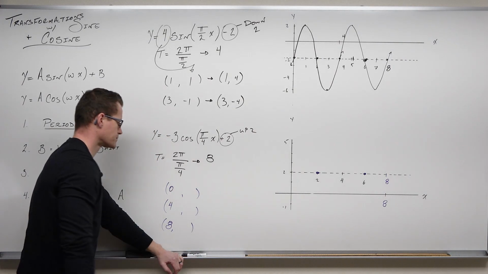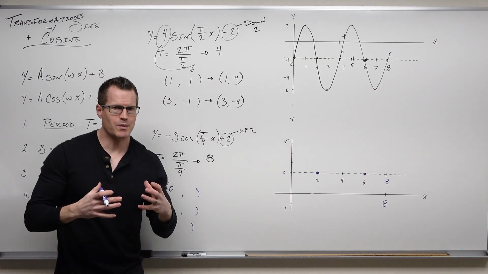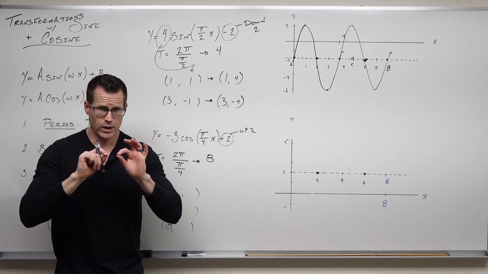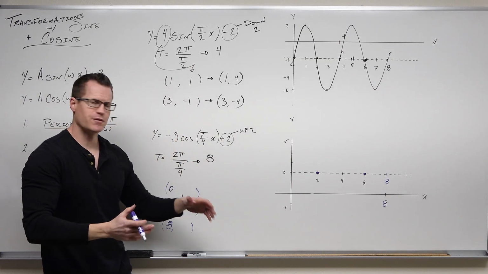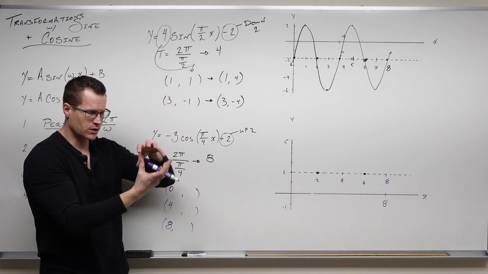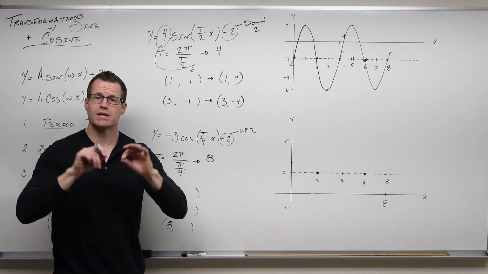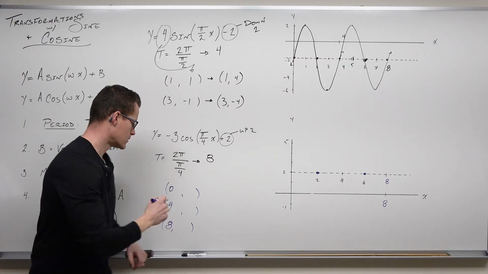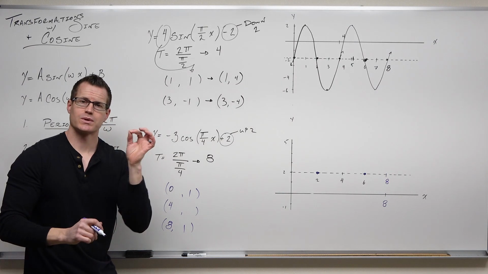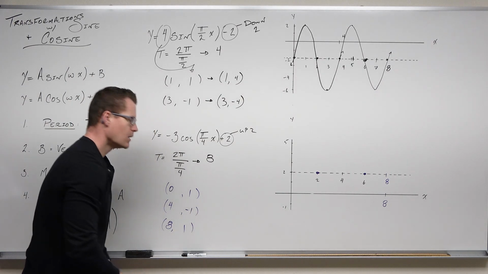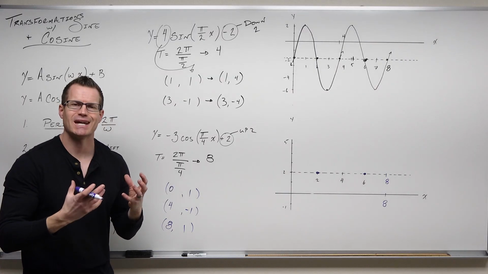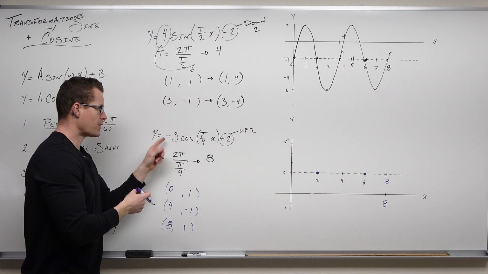We also remember with cosine that originally, before we start shifting it, before we start manipulating it, before we start vertically stretching and reflecting it, those ends would have a 1 and the center would have a value of -1. Those, however, get changed. They get transformed by that number.